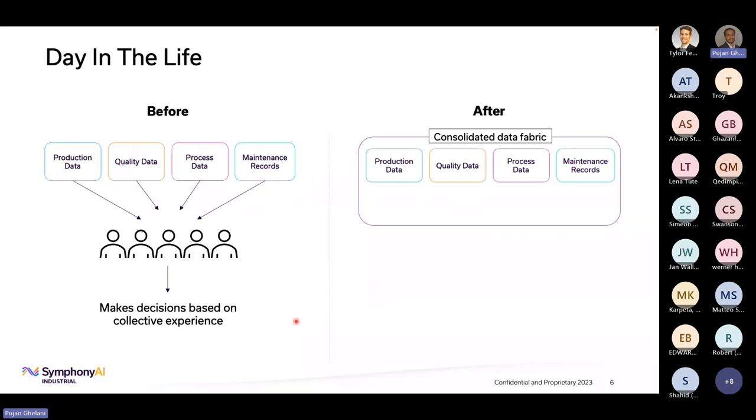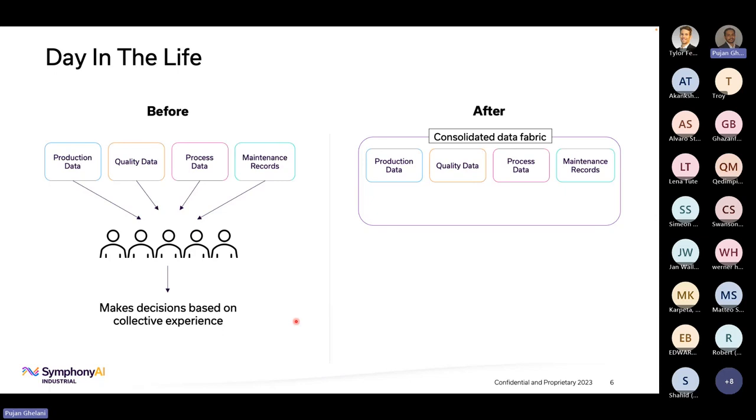But really, what's happening today is that you've got the proliferation of IoT devices. You've got significant capabilities when it comes to storage and computing of data. What's happened now is a consolidated data fabric, right?